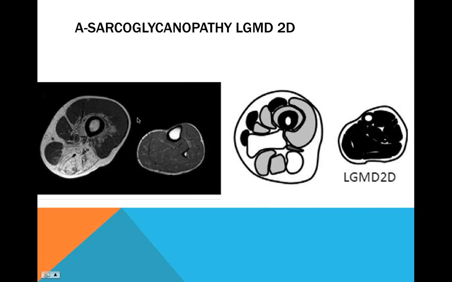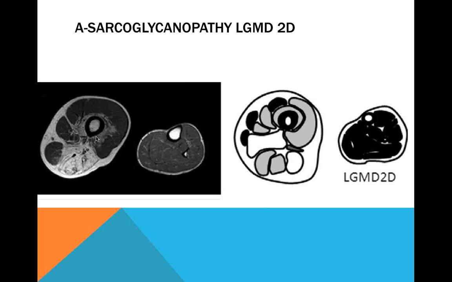So basically, if you look at the muscle here, you can see that the posterior muscles, the hamstrings and the adductor magnus, are all involved with fibrofatty changes, and they're actually all really small and atrophic. It's more like scar tissue. The vastus intermedius is also involved, the rectus femoris, the sartorius, and the gracilis, and the vastus lateralis are all pretty mildly involved, and the distal muscles tend to be okay.